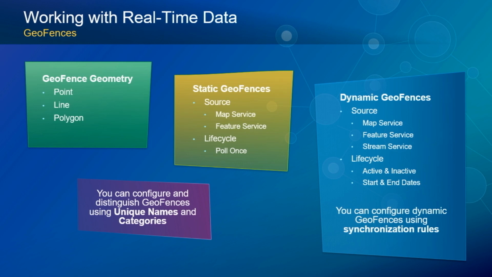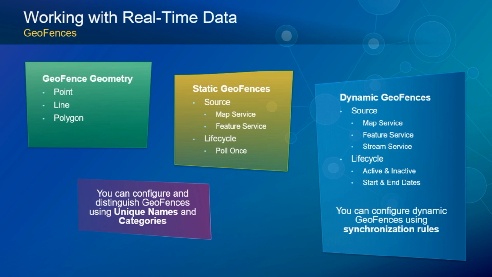One key thing to point out about geofences is that we can categorize them using unique names as well as categories. So when we pull in data from a feature service, for example, and that has our geofences, we can give each geofence a unique name, and we could also group those together in a category so that we can reference them appropriately. So going back to the storm example, we might have a couple different hurricanes going on at once.